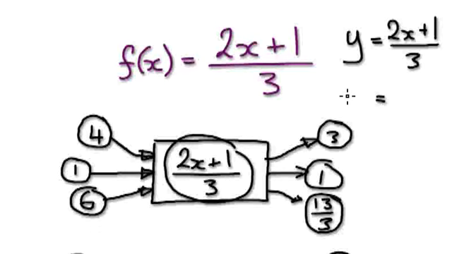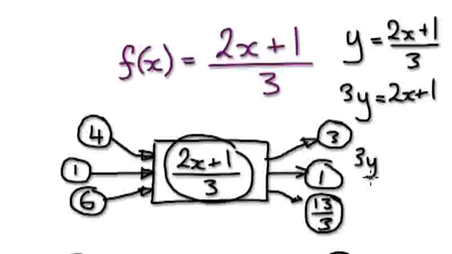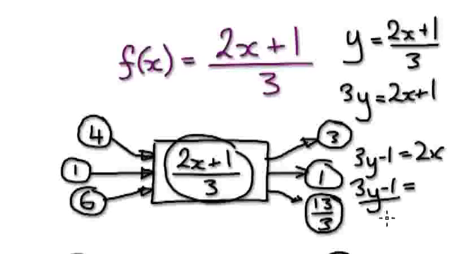So times both sides by 3. Then take away 1 from both sides, so it would be 3y minus 1 equals 2x. And then divide both sides by 2.